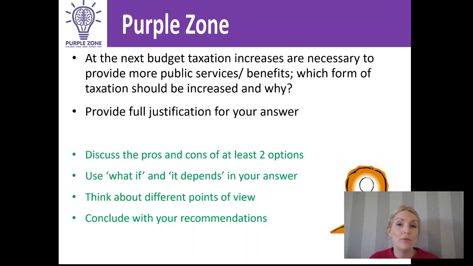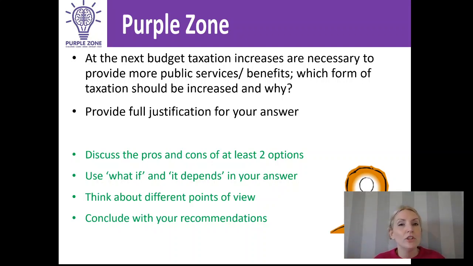Is it corporation tax? Let's increase taxes of the big businesses, the PLCs and the LTDs who are making a lot of money anyway. Or do we increase VAT? Let's put all products and services up by maybe 0.5% and let's get money that way. Which one would you go for? Taxing the worker, taxing the business, or putting a tax on products and services?